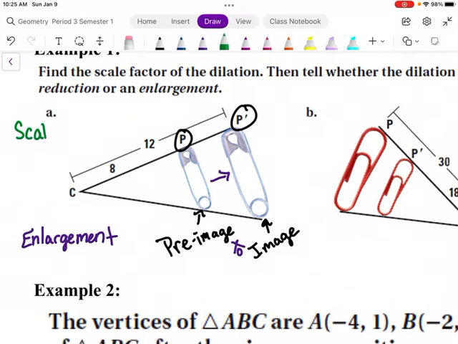So when you're finding the scale factor, that is equal to the measurement of the image over the measure of the pre-image.